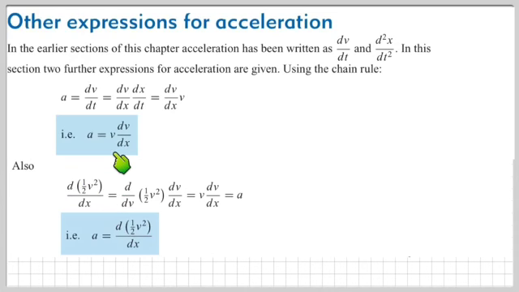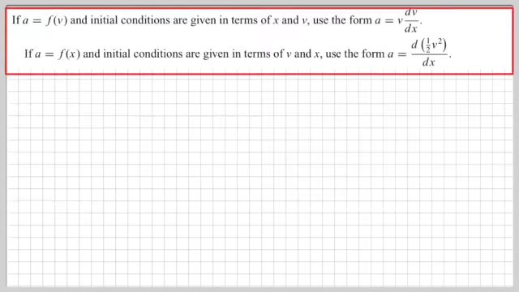Okay, so look, the two blue boxes are what we want to get out of this. a is also v dv dx, and it's also d by dx of a half v squared, as well as being dv dt and d2x dt squared. Now, rather than throwing your mind into a fog of confusion, I'll show you when and how to use these two expressions. It's just over the screen, just a moment away.